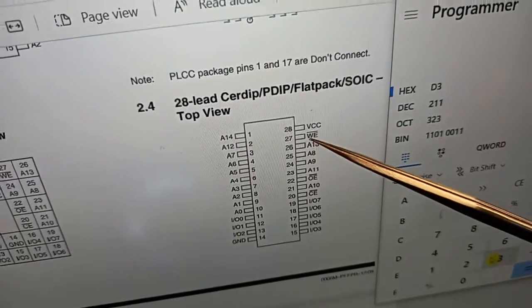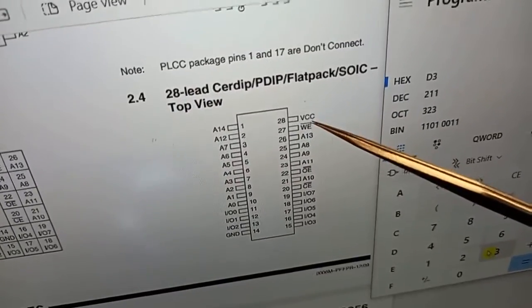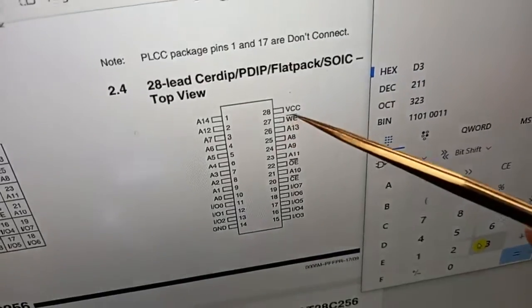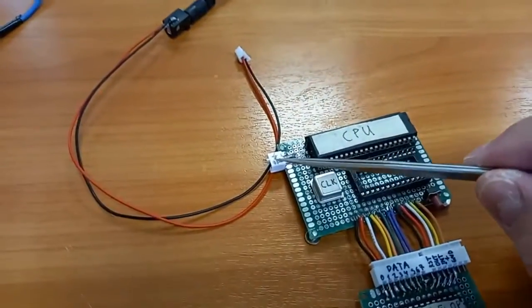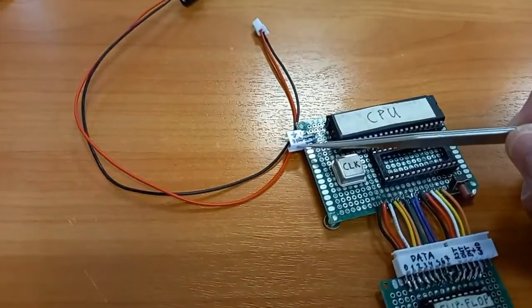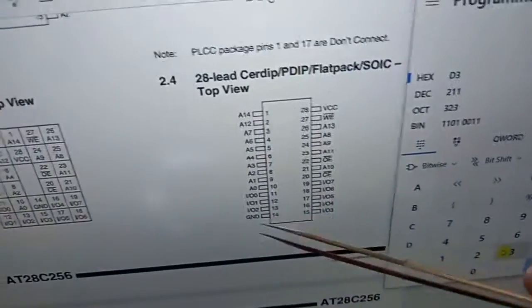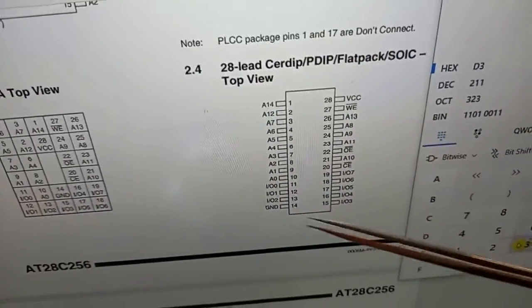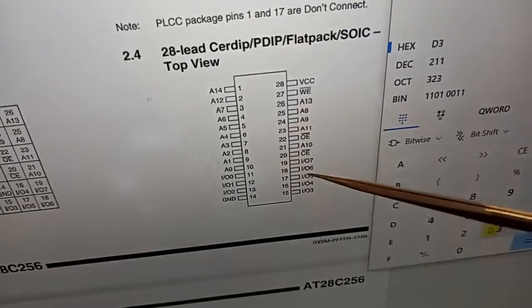I don't know what this VCC stands for, but I know that we connect it to plus. And this one, ground, we connect to ground. And those are the power supply pins of this chip.